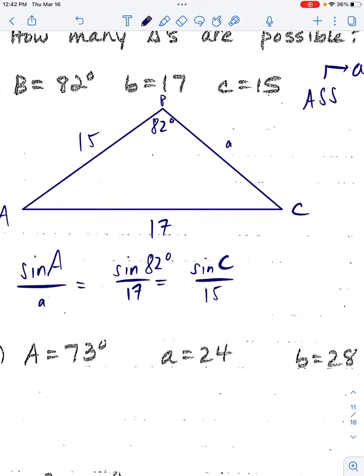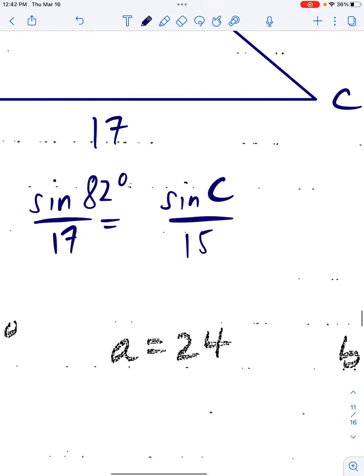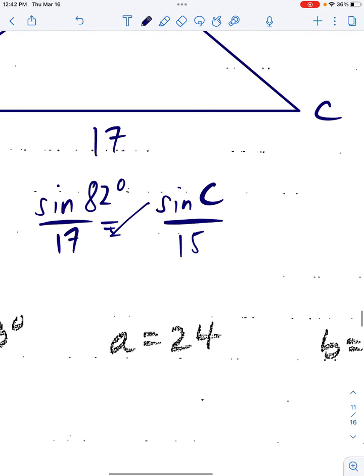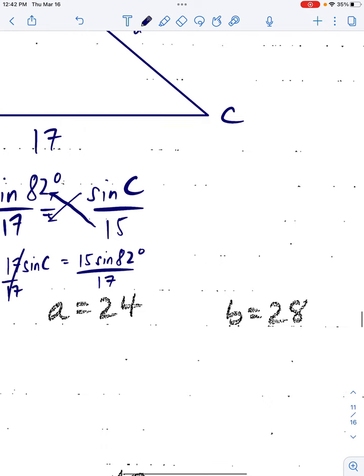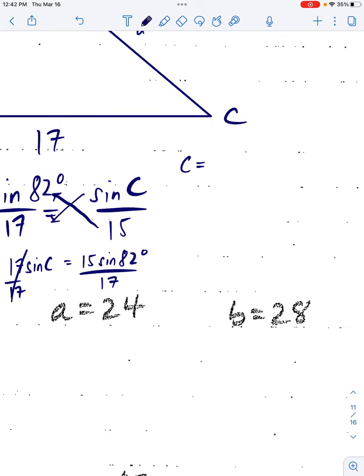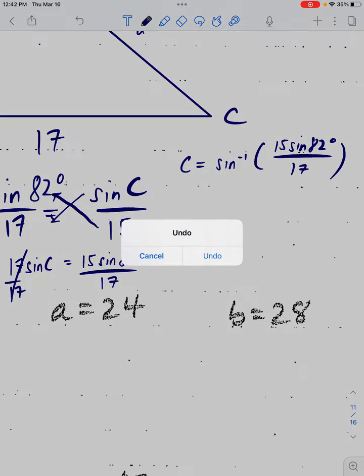Let's cross multiply to solve for C. So we get big C equals inverse sine of 15 sine 82 degrees over 17. I'm going to do all this in degrees for you guys.